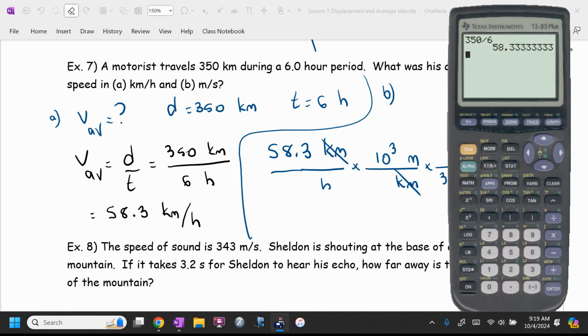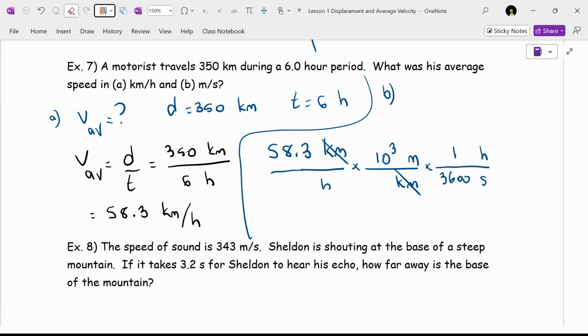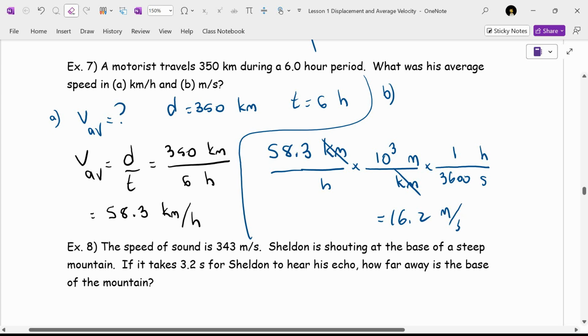Use your answer button. You want to, by the end of this week, know where your answer button is because there will be times when you have to use it. You need to find how to activate it. Times 10 to the third divided by 3,600. In kilometers per hour, this is 16.2. Sorry, meters per second. This is 16.2 meters per second.